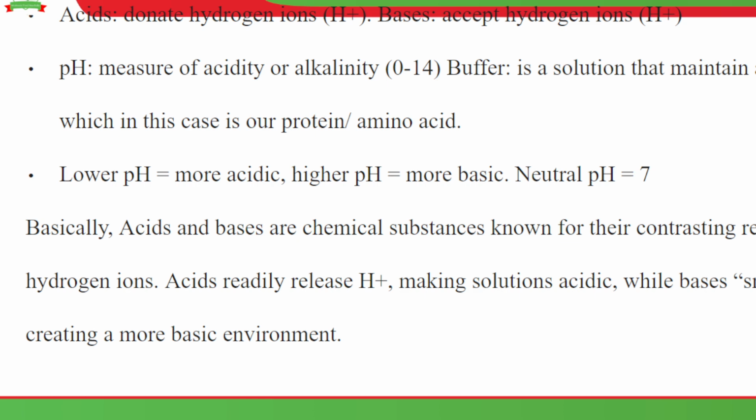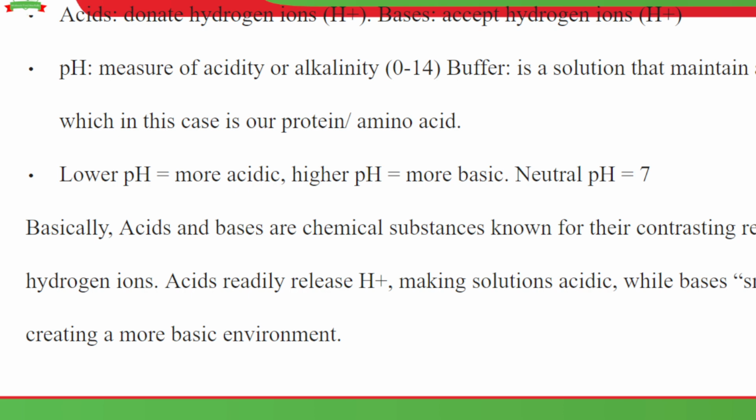Let's get to understanding what we call acids, bases and buffers. Acids are ones that donate hydrogen ions, and bases accept hydrogen ions. Another key term is pH, which is a measure of acidity or alkalinity, with a pH scale of around 0 to 14.